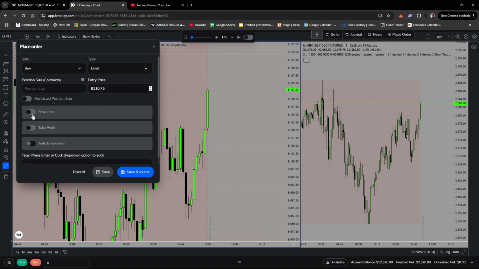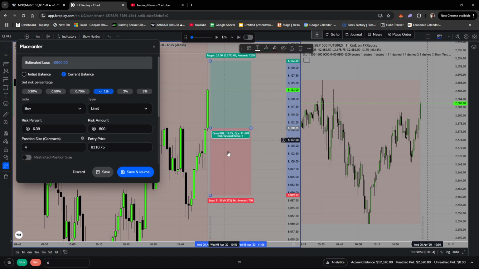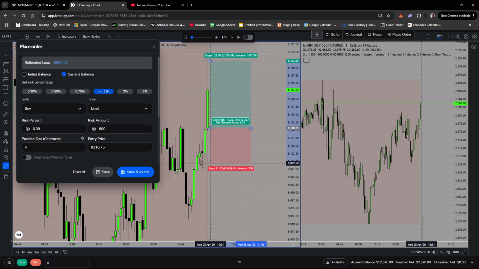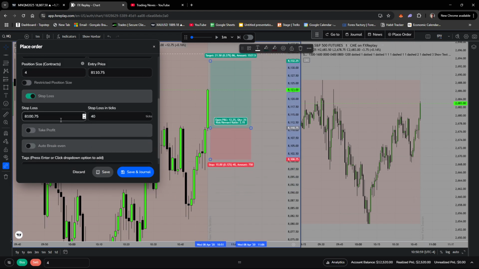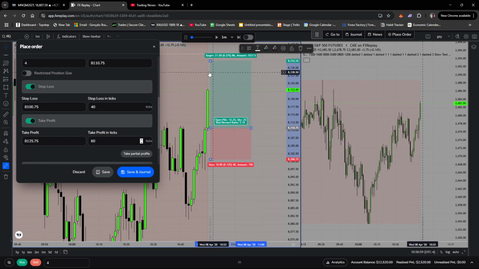Limit buy, stop loss. Take a look. 10 points should do. So stop loss, we want to make it around 40. It's already done it. Take profit at 60. Yeah, it's 60.